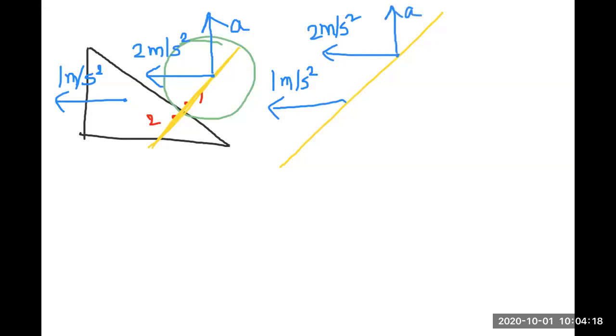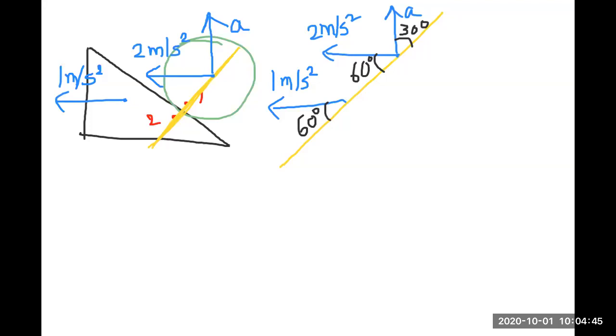Now I know that since this is normal to the inclined plane, therefore the angle made with the vertical must be the same as the inclined plane. So this angle must be 30 degrees. And if this angle is 30 degrees, this must be 60 degrees.